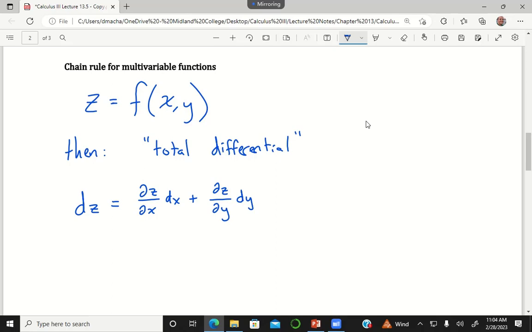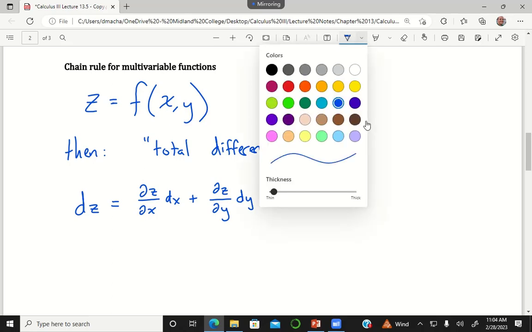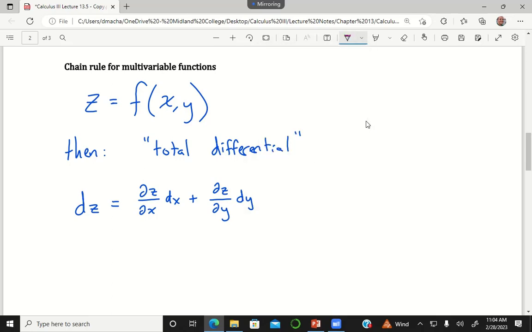And let's say now that this function of x and y is such that x is a function of t and y is a function of t. Does that make sense?